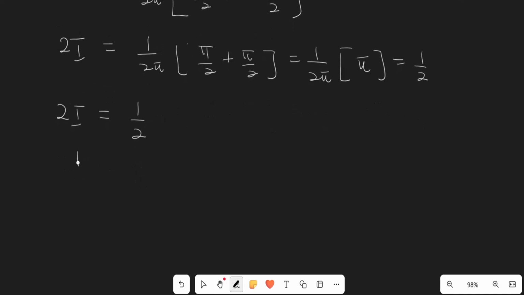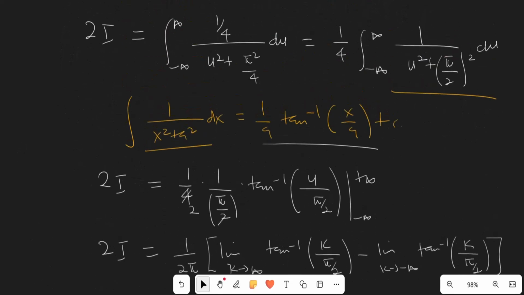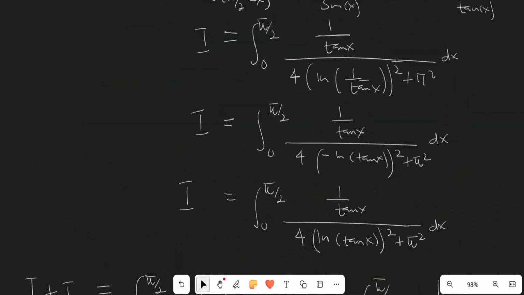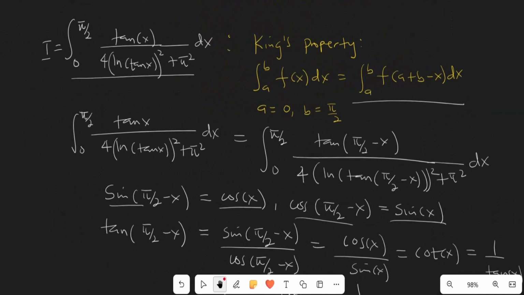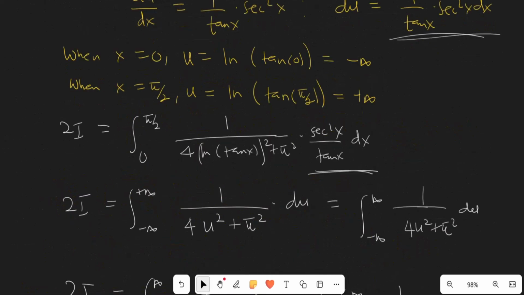So in that case, our I is going to be 1 over 4. So therefore, our integral I, the integral we are asked to evaluate, which is our original integral, is just equal to 1 over 4. So that's how we solve it. So you can just write it down there and wrap up the video.